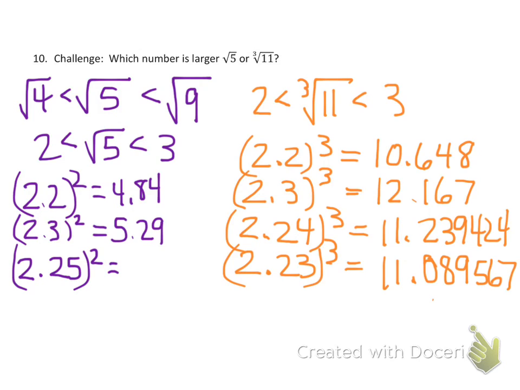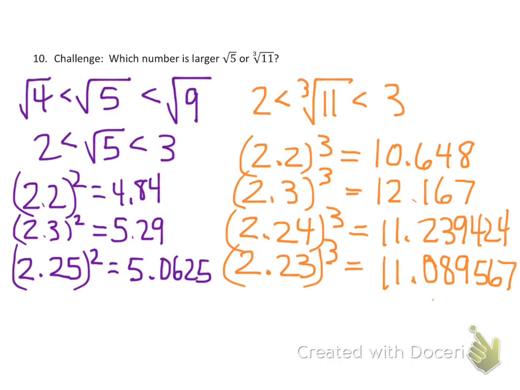Okay, I messed up. 2.25 times itself is 5.0625. Okay, so that's too big because it's bigger than 5.